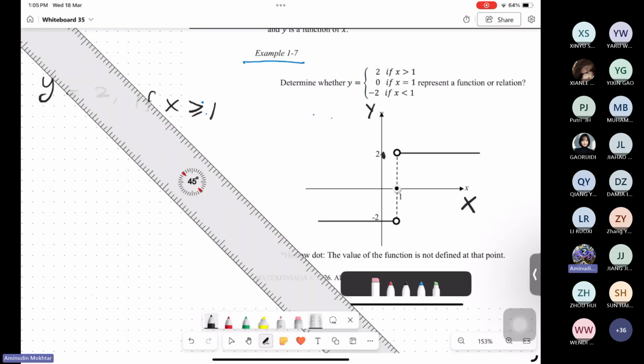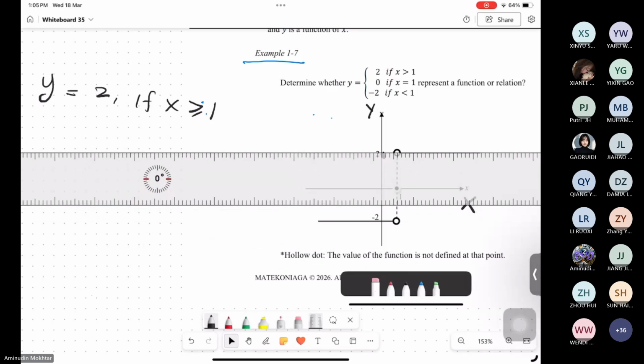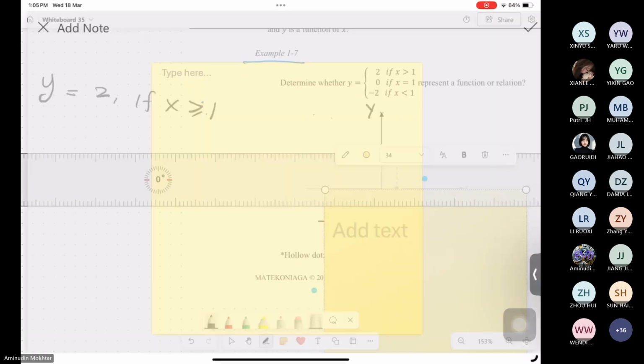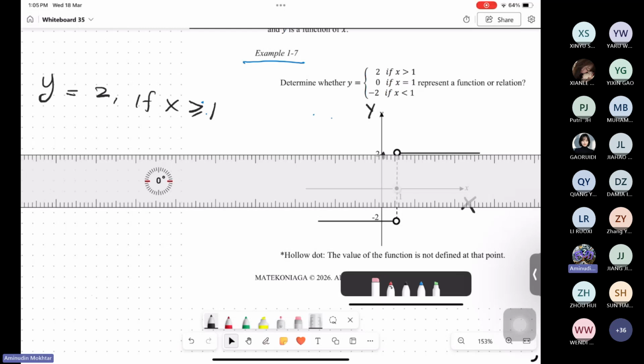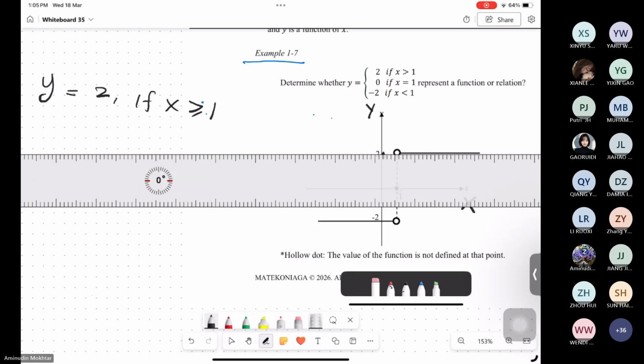I just take a ruler and draw the line. Let's see. I just draw this line.